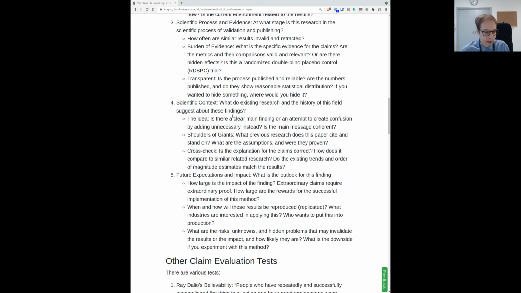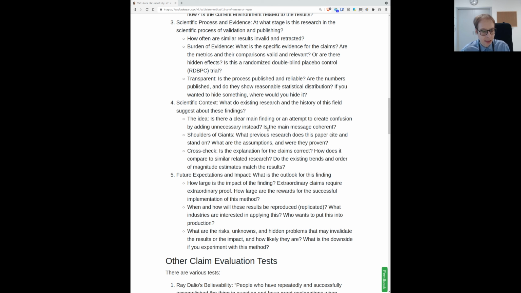Then we have the scientific context. We can think about the research in terms of the context of the specific area of study. Is there a clear main finding, or is there an attempt to create confusion, adding unnecessary ideas instead?